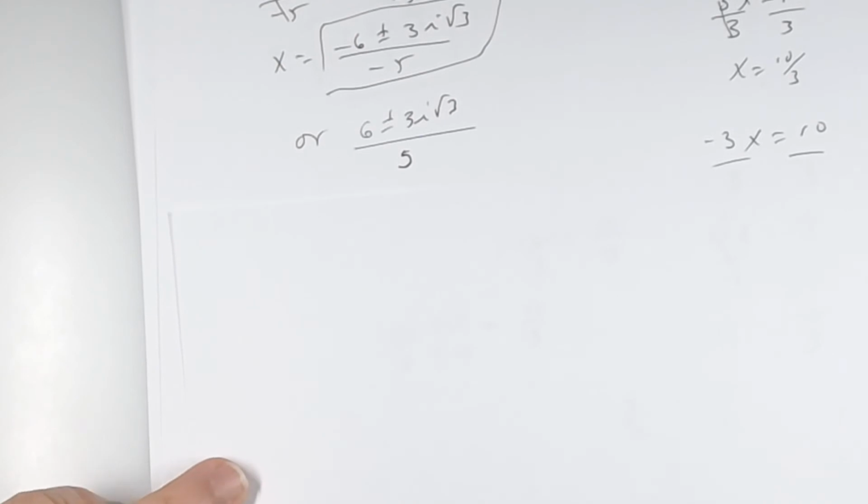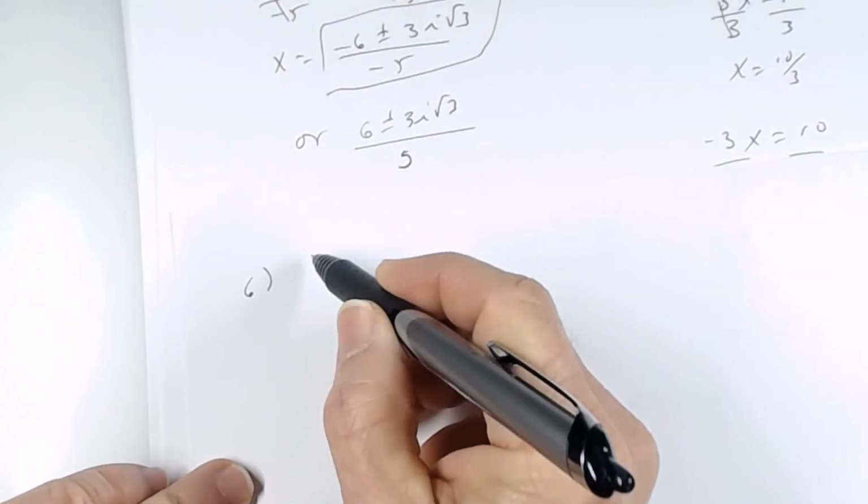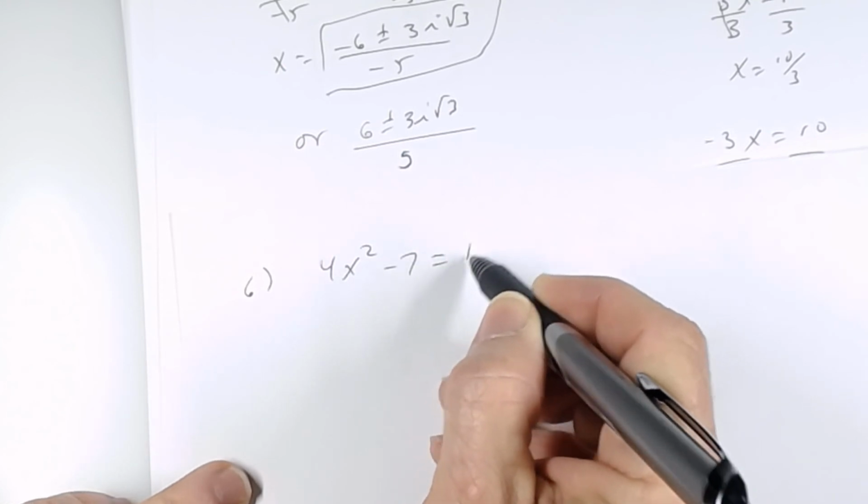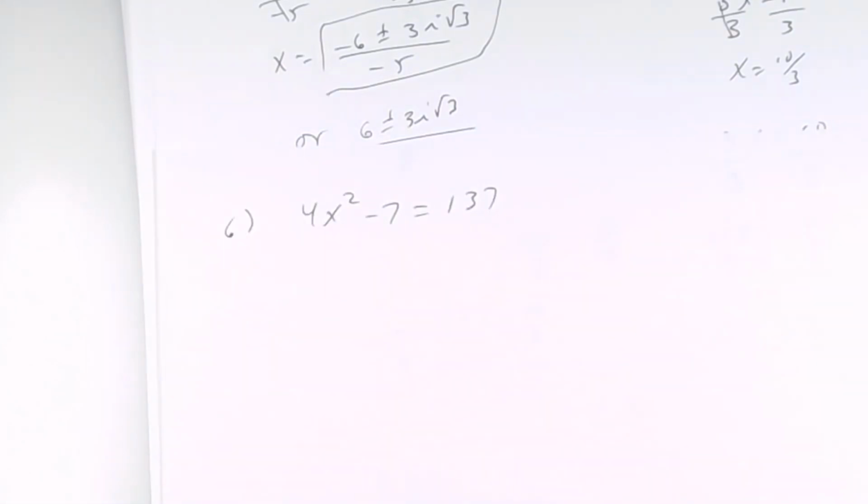So this is number 6: 4x squared minus 7 equals 137. Again, the directions say use the square root property. Do y'all see that it is quadratic? So you're going to solve this quadratic equation using the square root property.